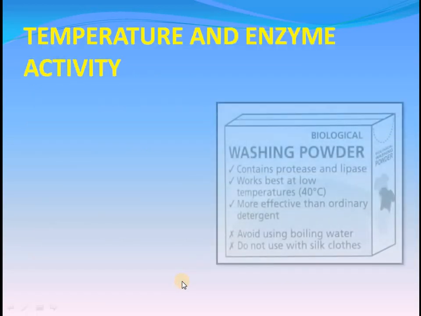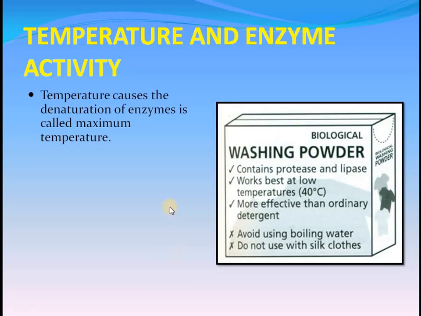Temperature and enzyme activity. The temperature that causes the denaturation of enzymes is called the maximum temperature. That temperature which basically causes the denaturation of enzymes, which takes away the property of the enzyme, is known as the maximum temperature.